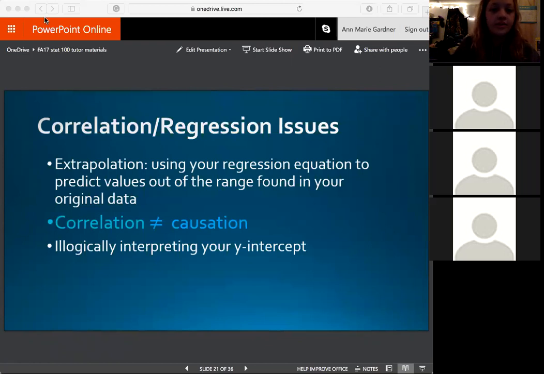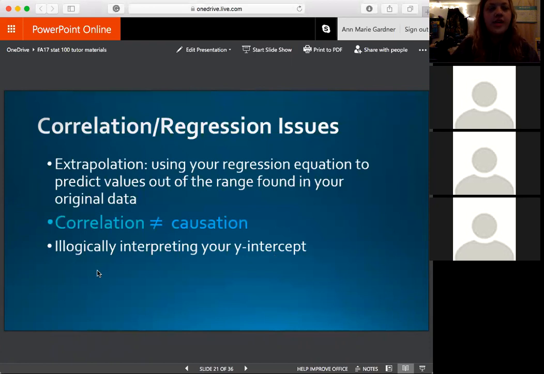And illogically interpreting your y-intercept is basically saying that just because your y-intercept is shown on your line, doesn't mean that it is actually something logical.